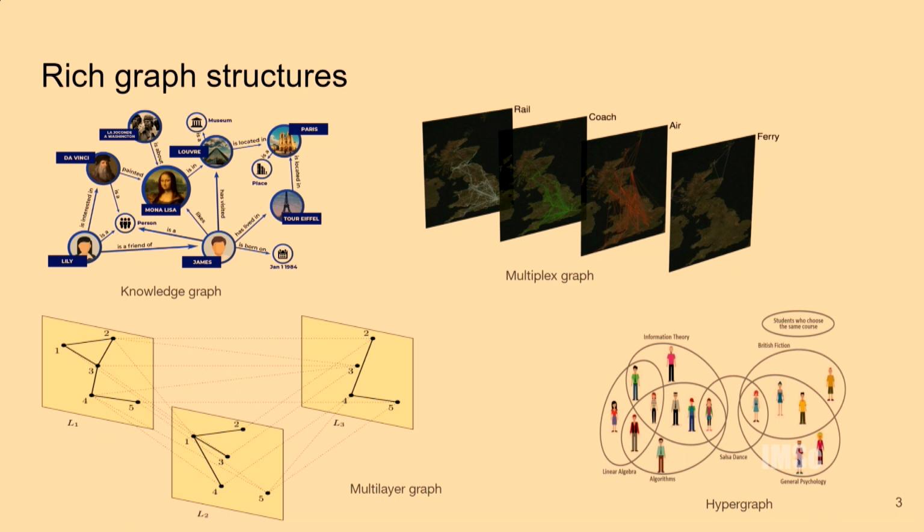For example, they can be rail, coach, air, and so on. And then there is a multi-layer graph, which is a more general version of the multiplex graph, where you have multiple modalities of interaction, but there is also a cross interaction possible between layers. So you can see that node 2 in layer 1 can interact with node 3 in layer 3.